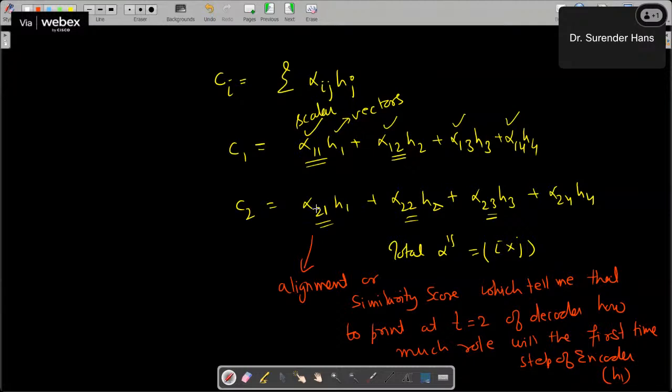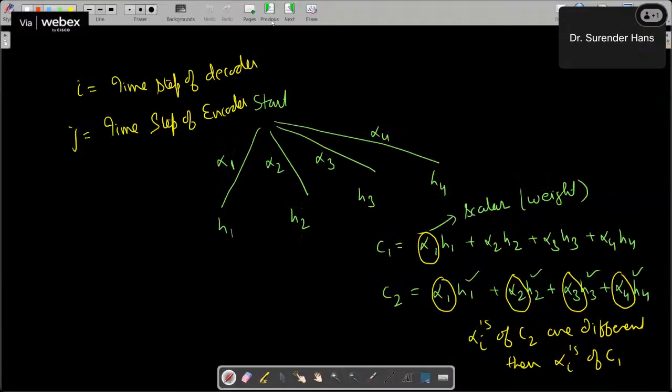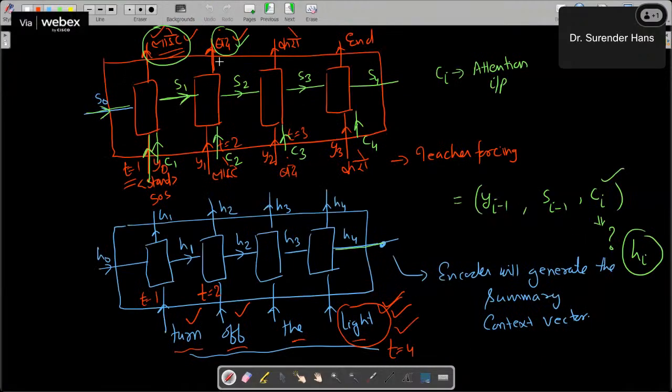At t equal to 2 time step of the decoder, to print this word, how much is the role of this H1?